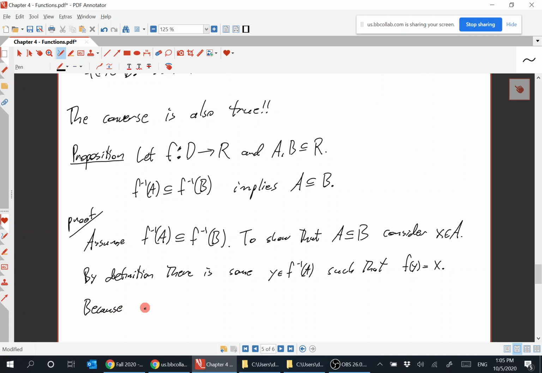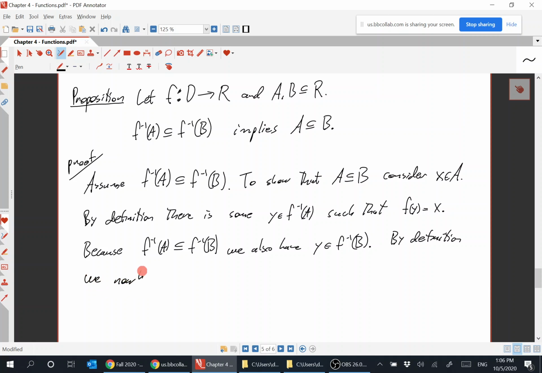Because the preimage of A is contained in the preimage of B, y is also in the preimage of B. So we now have that f of y is in B, by definition.